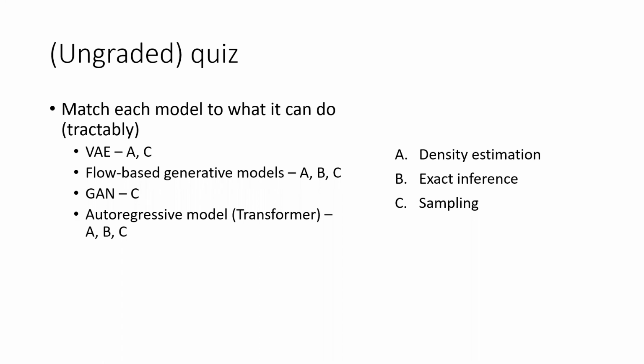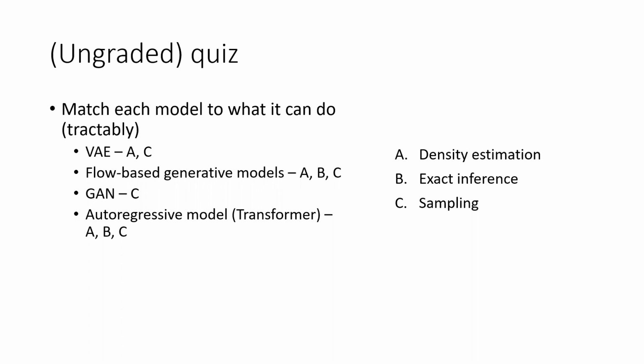If you consider the probability of a sentence x1 to x10, where each x is a word, you can factorize that joint distribution, the probability of x1, x2, x3, etc., as the probability of x1 times the probability of x2 given x1 times the probability of x3 given x2, etc., all the way to x10.